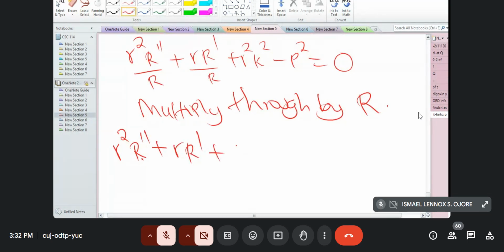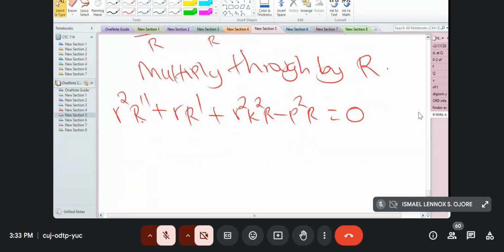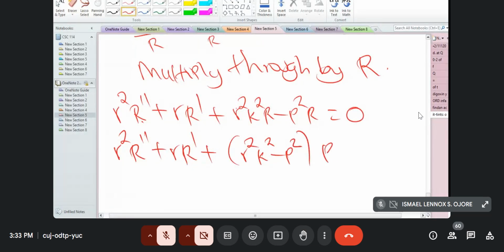But the third and fourth term will have the R, so we have r squared k squared R minus p squared R equals 0 times R, which is 0. Let's factor out the R in the last two terms. We have r squared R double prime plus R prime plus r squared k squared minus p squared times R equals 0.